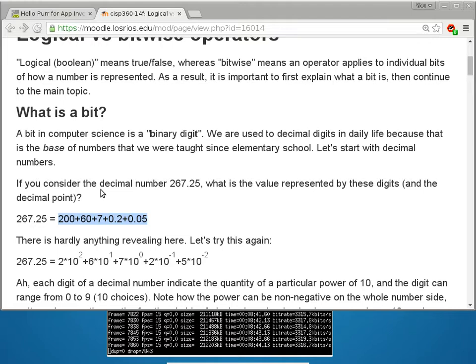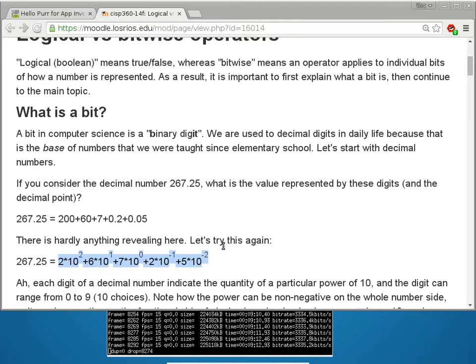But when you look at it as a pattern, I can now rewrite that as basically how many of each power of 10 do we have in this number. Still not very complicated, still pretty simple stuff. Once you understand what is a power of 10, it's pretty easy to go from the previous step to this step. Are there any questions at this point about what we have talked about so far?